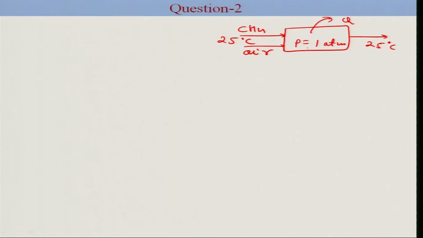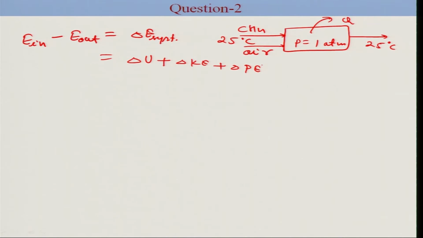So, from the energy balance, we get E in minus E out equal to delta E of the system. And here we assume that air behaves as an ideal gas. And we know that delta E system is nothing but delta of the internal energy plus delta of kinetic energy plus delta of potential energy.